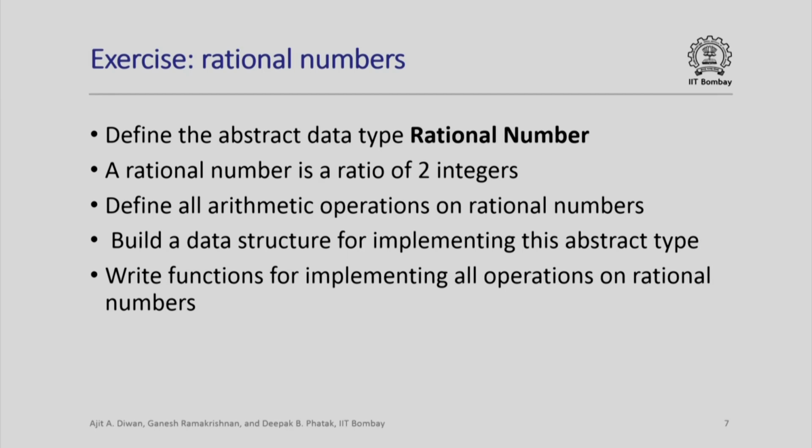Now we can choose a data structure for implementing this abstract type. We can define the abstract type as rational numbers, and now we can separately choose data structures for implementing this type, and we write functions for implementing all operations on rational numbers. The advantage of this is that anybody who wants to represent rational numbers, once you have built an implementation of this abstract type, can use that implementation without actually looking at the code for that.